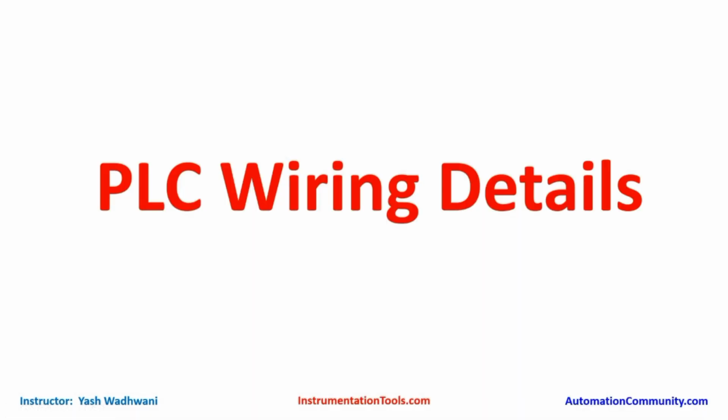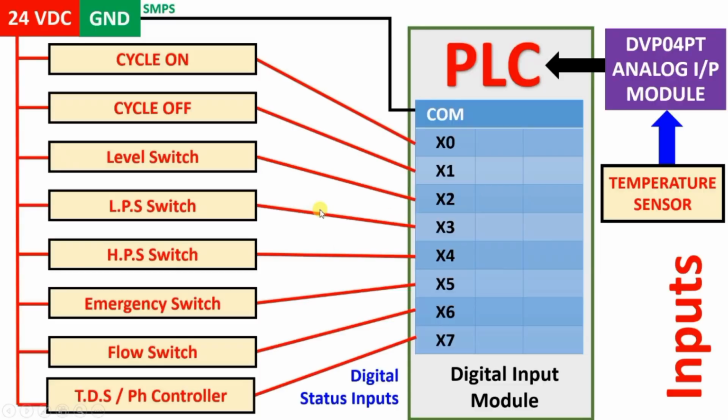So let us understand the wiring details required for this project. We will just understand how different sensors are connected to the PLC. So let's see that. First of all, assume that this is our PLC and this is its digital input module.